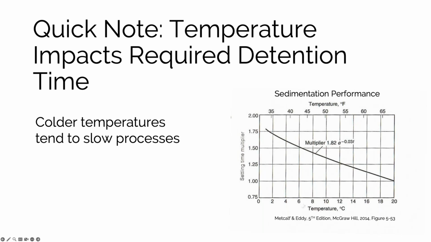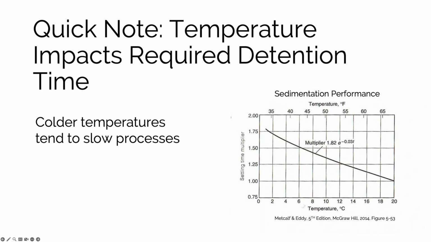but it's good to recognize that these mechanical processes, these physical processes, these biological processes can be affected by a lot of different things, temperature being a key one. So primary sedimentation performance at about 70 degrees is much higher than it is at close to freezing.